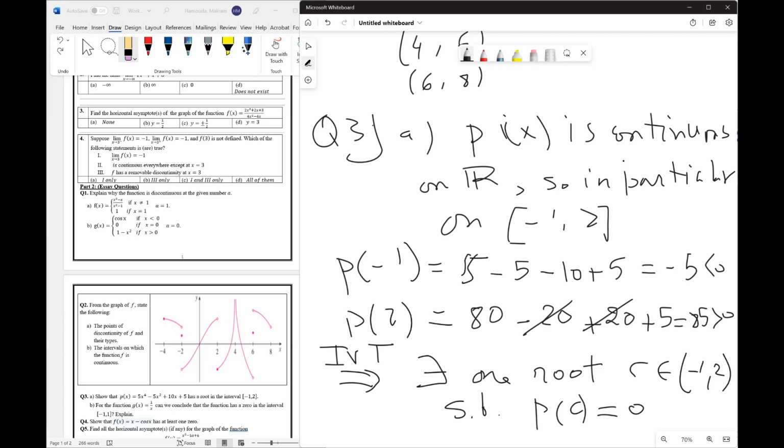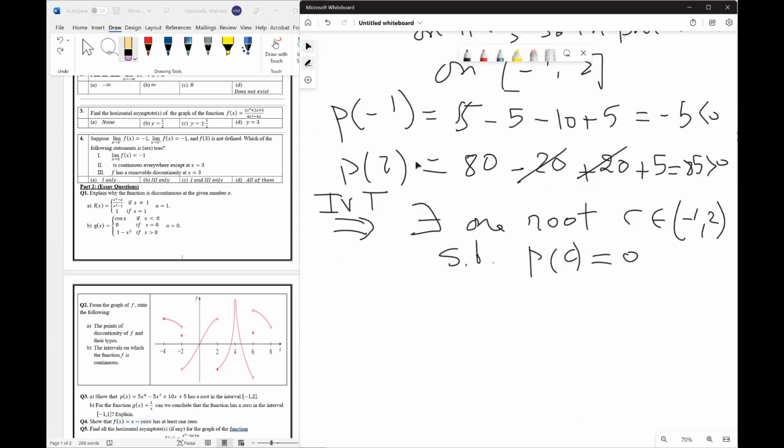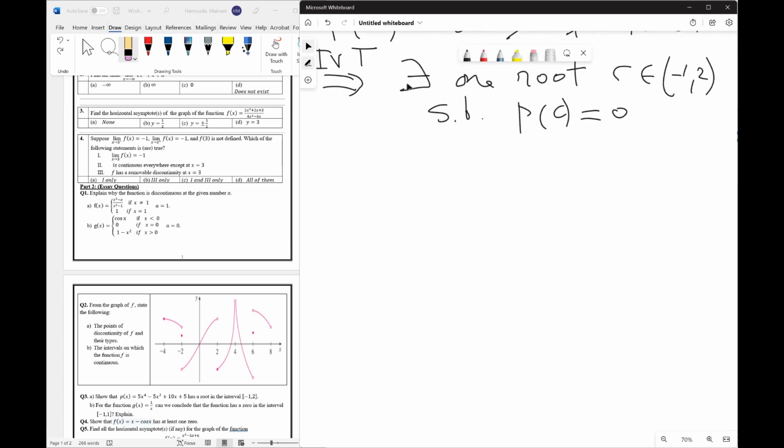Okay. And now we will see in example B that the IVT cannot be applied because one of the conditions is not satisfied. So if we see here the B, why we cannot apply the IVT? Because g of x equal to 1 over x over the interval minus 1, 1.